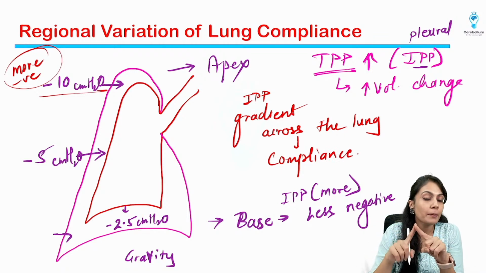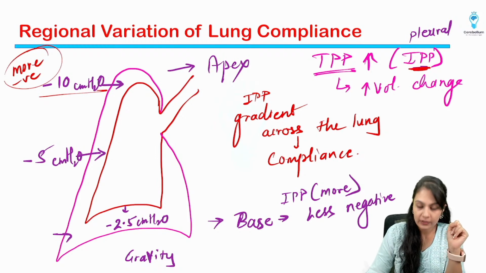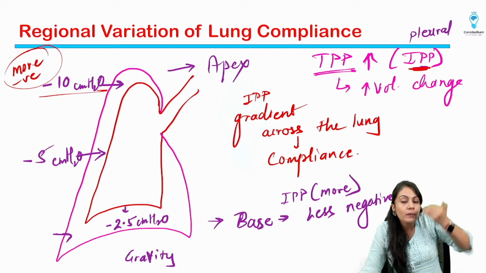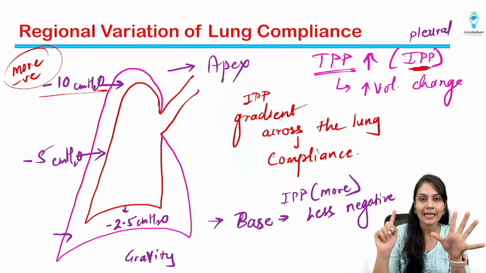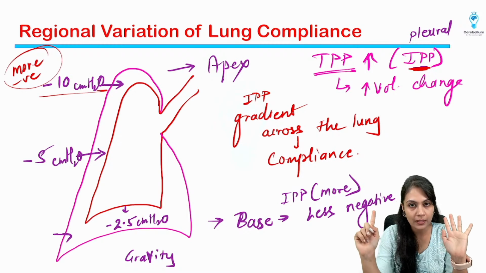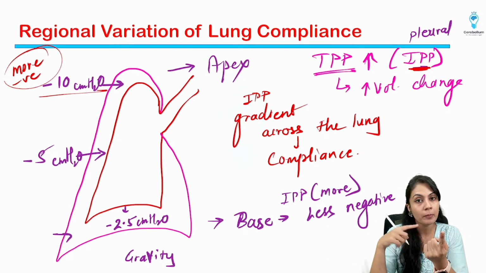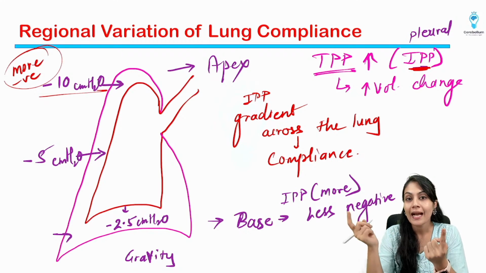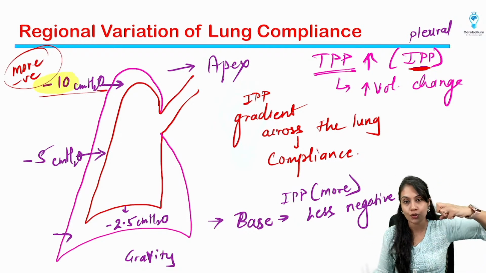If the IPP is more negative, then what is going to happen? More will be the TPP, right? That means the transpulmonary pressure, because the pressure inside is going to be the same. So TPP is going to be more, and more suction. Even if you just see over here, minus 10 is there. So that's why there will be more suction applied.